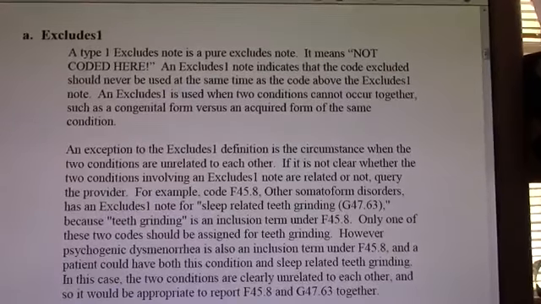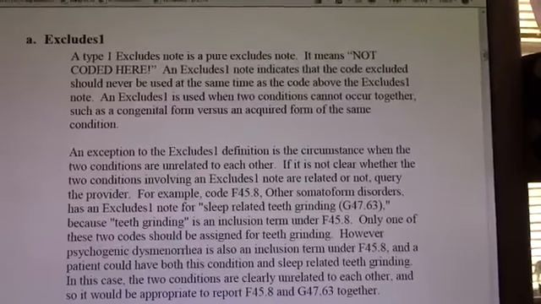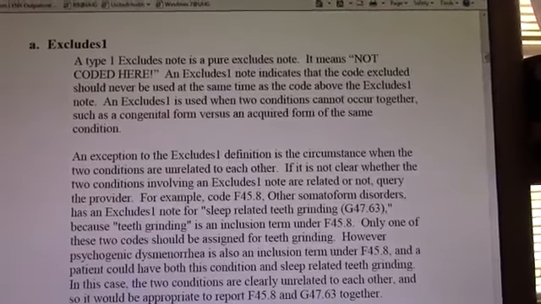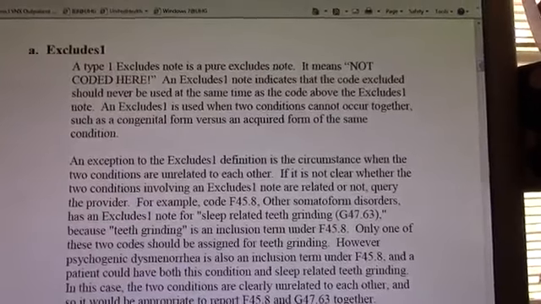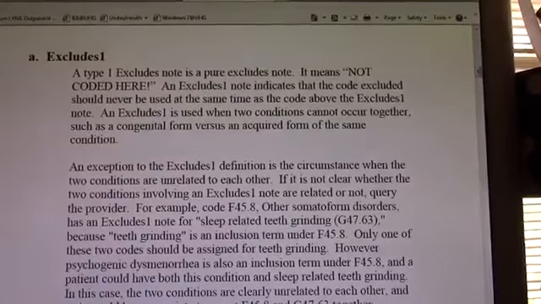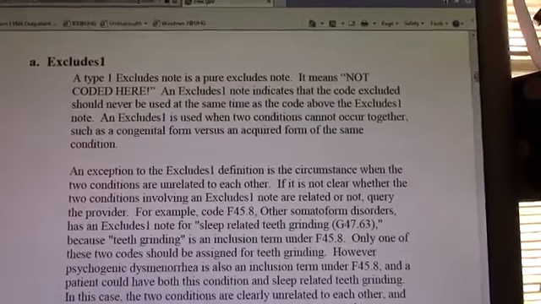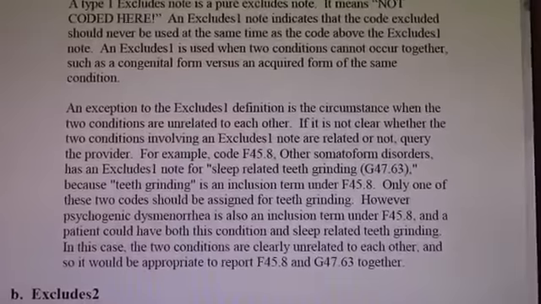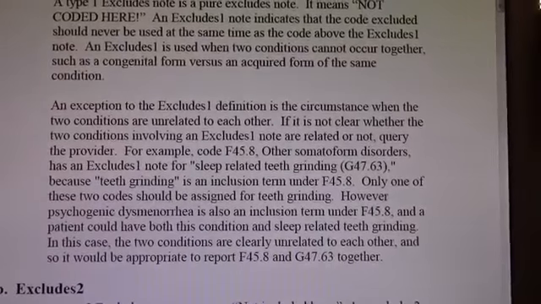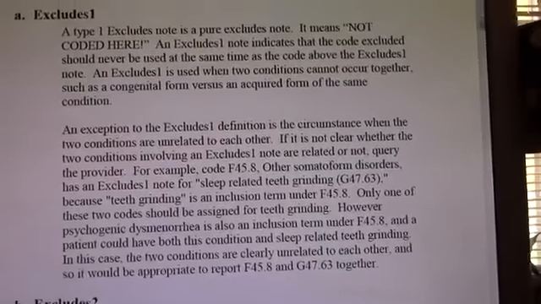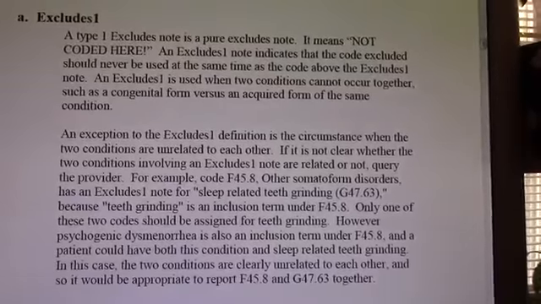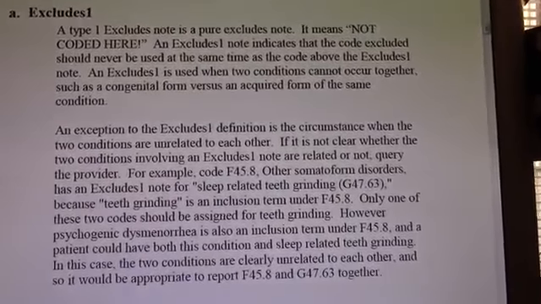However, psychogenic dysmenorrhea is also an inclusion term under F45.8, and a patient could have both of these conditions and sleep-related teeth grinding. So in this case, the 2 conditions are clearly unrelated to each other, and so it would be appropriate to report F45.8 and G47.63. So do note what I'm saying in the first Excludes1 with the teeth grinding and the somatoform disorders, that somatoform disorder already covers teeth grinding.